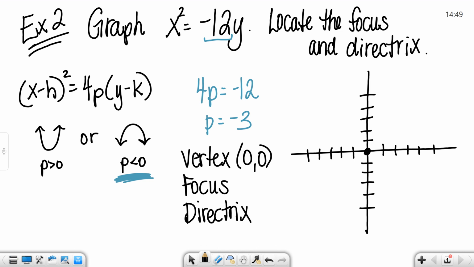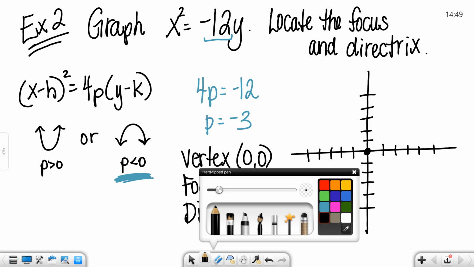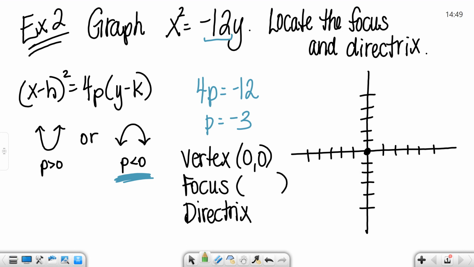All right. Remember, our focus is p spaces from the vertex. And this opens downward. So let me just draw that in green just so we can see why that's important. If it opens downward, my focus is inside. So our vertex over here is at 0, 0. So we need to go p spaces down.